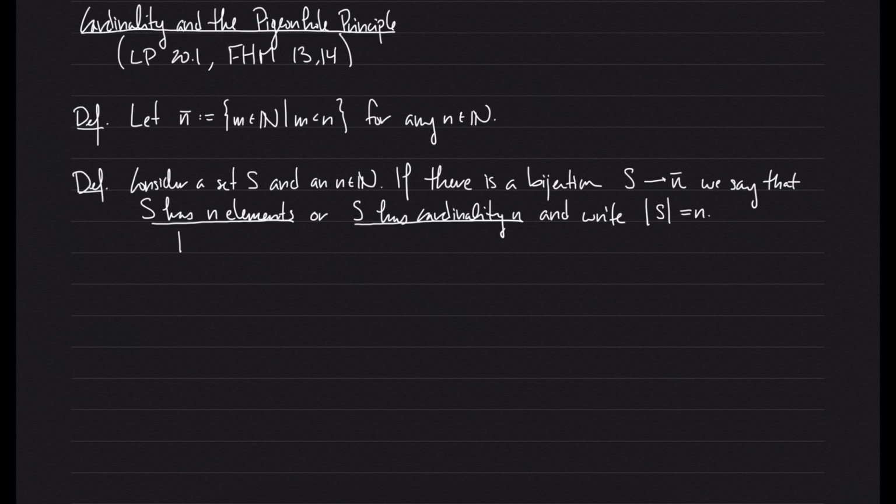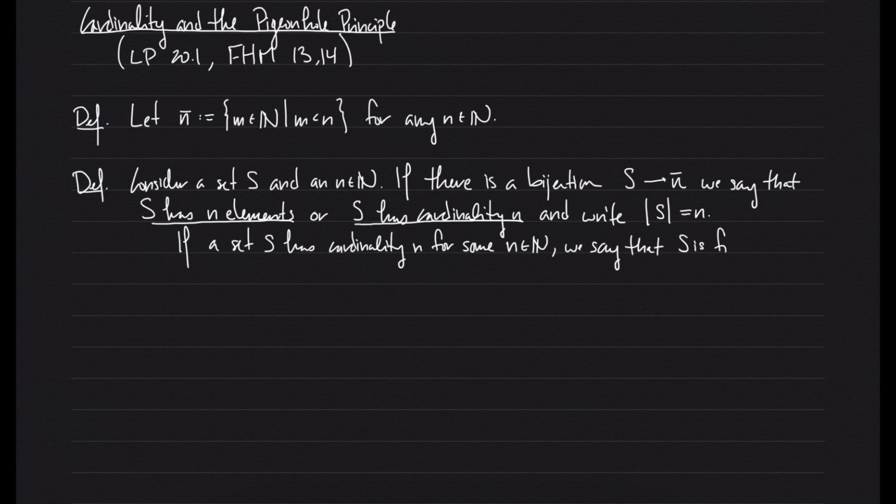All right, and so if a set S has cardinality of some natural number, then we say it's finite. So if S has cardinality n for some natural number n, we say that S is finite.